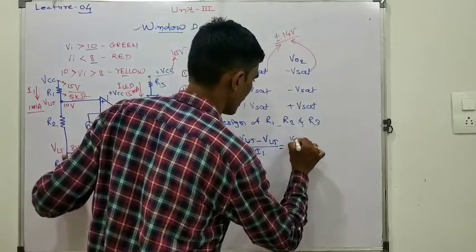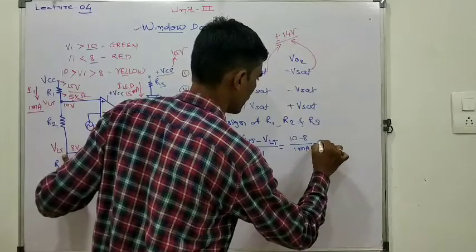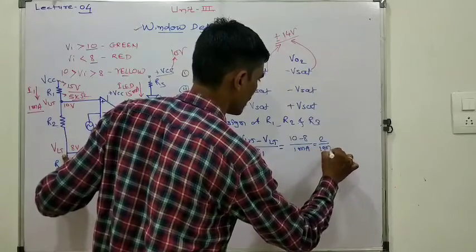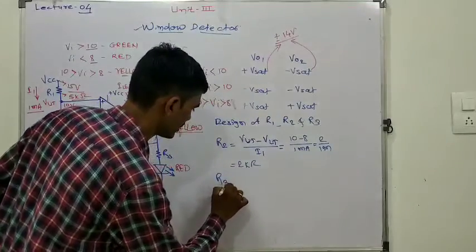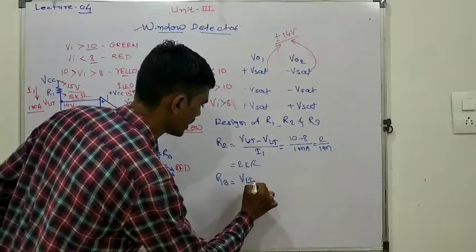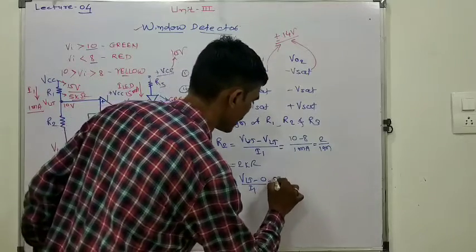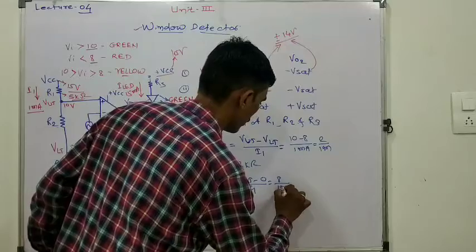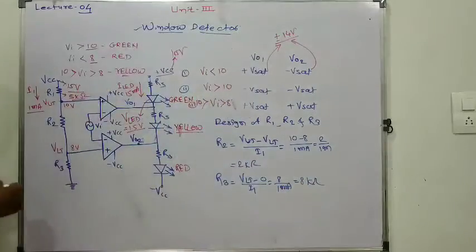So it is 10 minus 8 divided by 1 milliampere. So it is 2 divided by 1 milliampere, which is 2 kilo ohm. And let us take R3. R3 is equal to VLT minus 0 divided by I1. So it is 8 divided by 1 milliampere, so it is 8 kilo ohms.